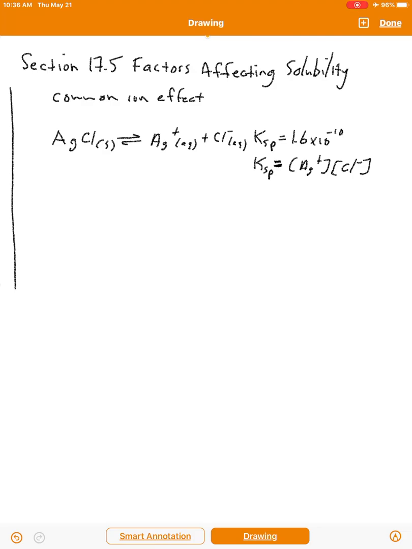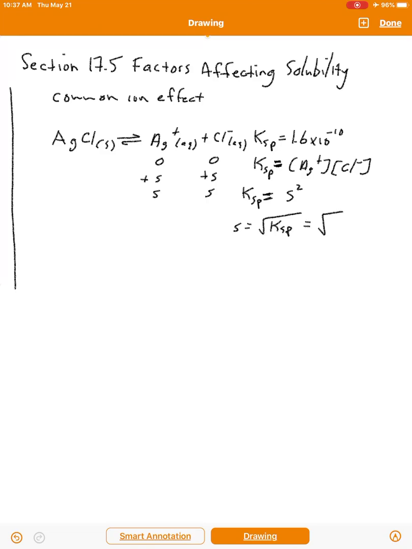So let's do our ICE table. These are initially 0. Q therefore is 0, so that means the reaction goes toward the right. So at equilibrium we have S and S. Those are the concentrations. So KSP is really S squared, S times S. That means that S is the square root of KSP.